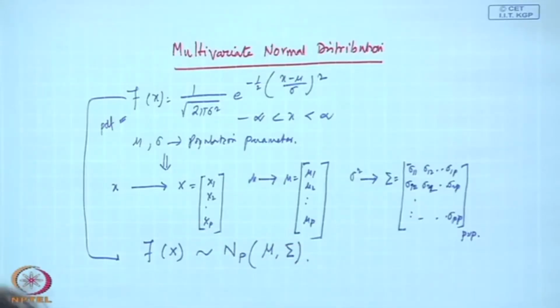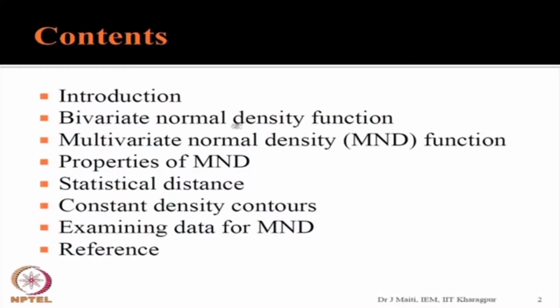How do we go about it and how to do it? That is the discussion today. So, today we will discuss bivariate normal density function, multivariate normal density function, and properties of multivariate normal density function, and if time permits we will go for statistical distance and constant density contours.